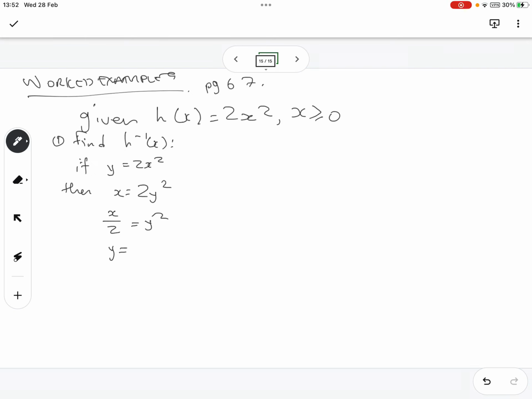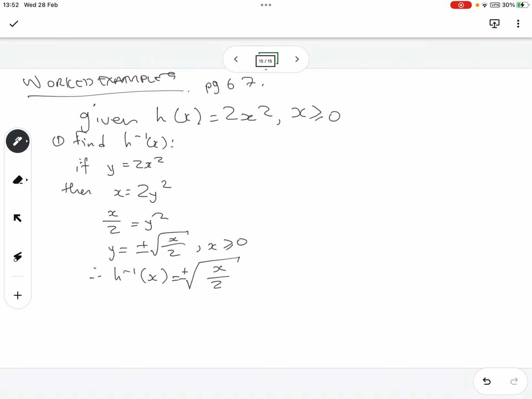x over 2 equals y squared. y is positive or negative root x over 2, and x is greater than or equal to 0. Right? That's the first step. Therefore, h inverse would be root x over 2.